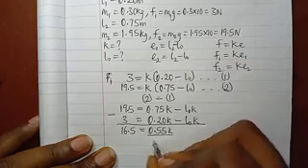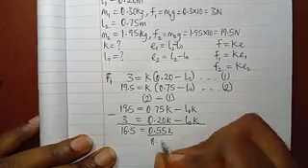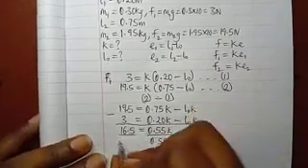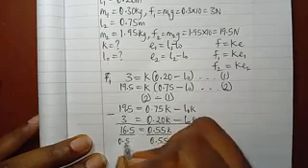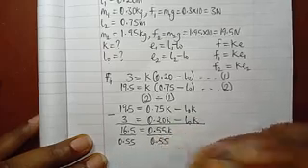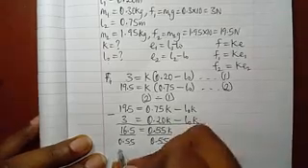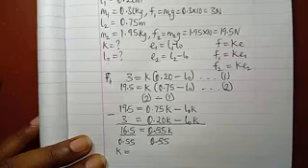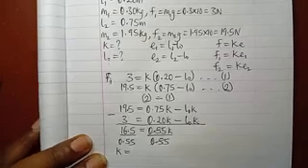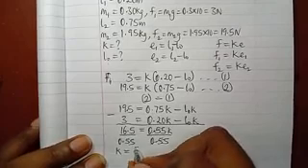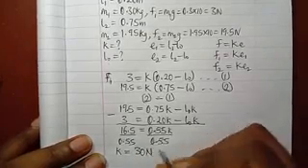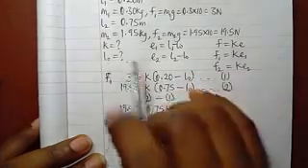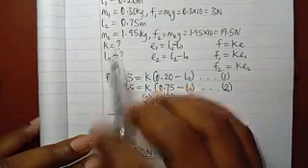We have to divide both sides by 0.55 so that k can be standing alone. 0.55 cancels out, and at the end of the day we have that the first constant k is equal to, let me get that, 30, and its unit is Newton per meter. So we have gotten the first thing we were asked to solve for.